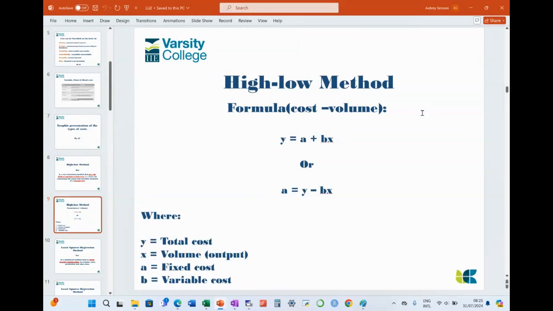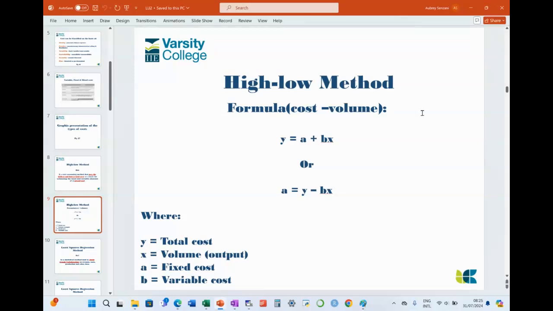Now on the projector, you can see a formula that I believe is familiar to most of us here. What's the name of this formula? Yes, it's a formula we use to calculate a straight line, but there's an actual name for it.